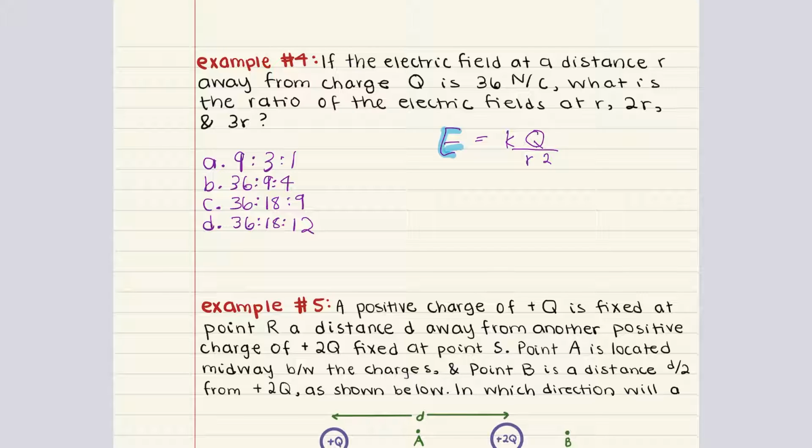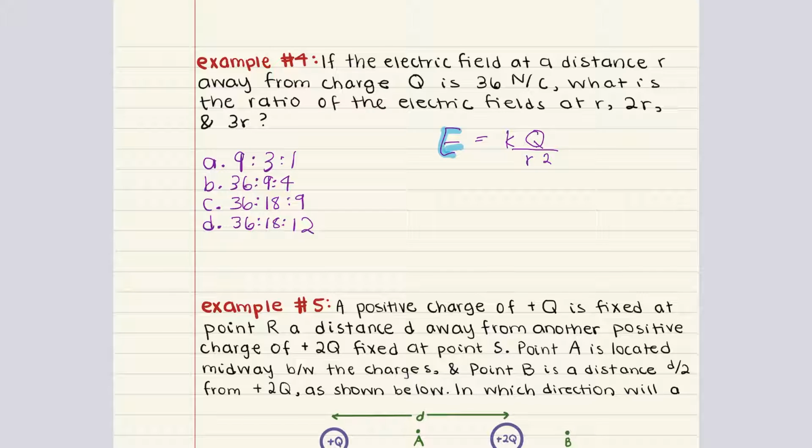Now looking at this expression, you notice that the electric field is inversely proportional to the square of the distance from the charge. This means that as the distance from the charge increases, the electric field decreases, following a relationship where the field changes with the square of the distance.